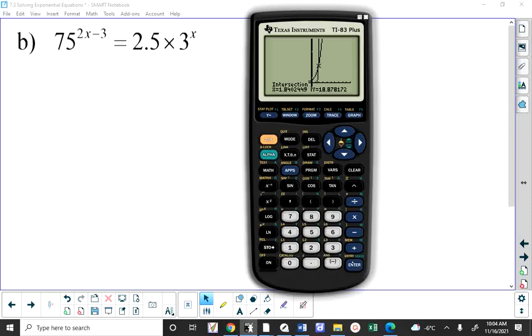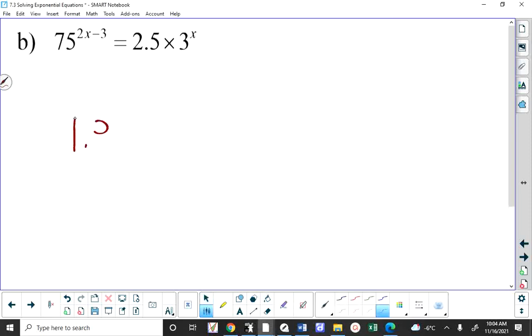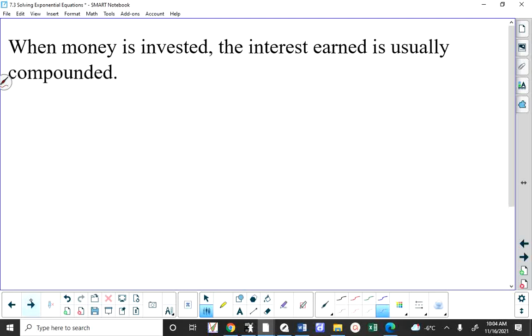So x is equal to 1.84, approximately. All right, let's take a look at the next little section here.